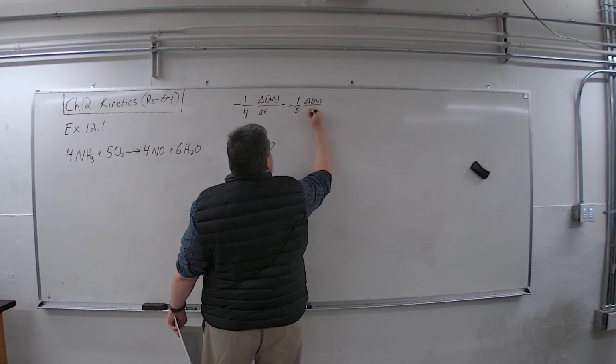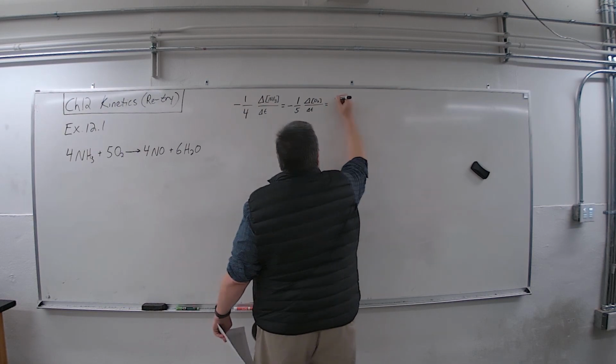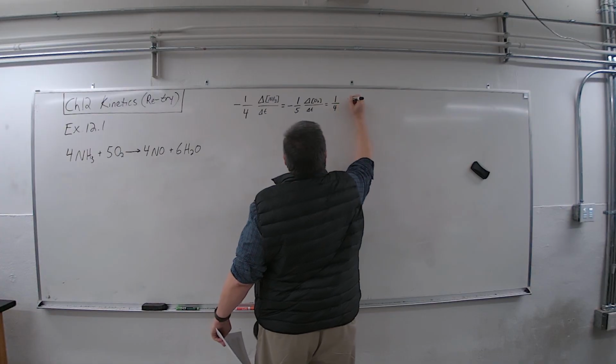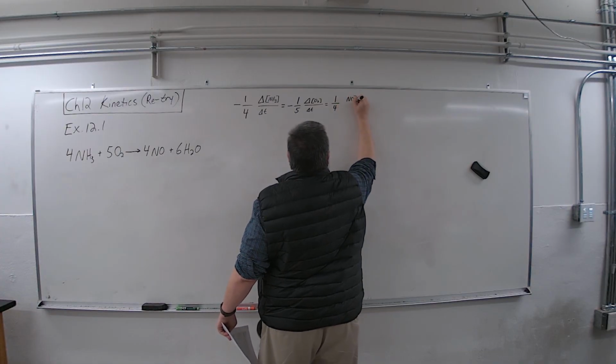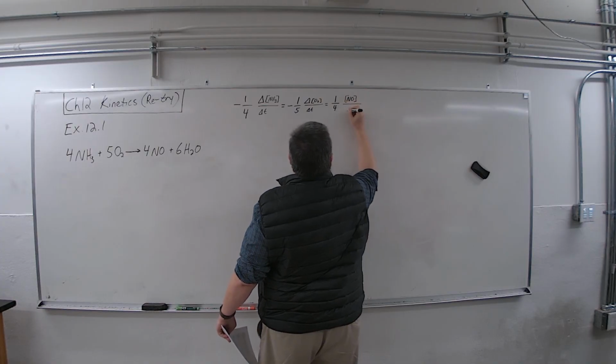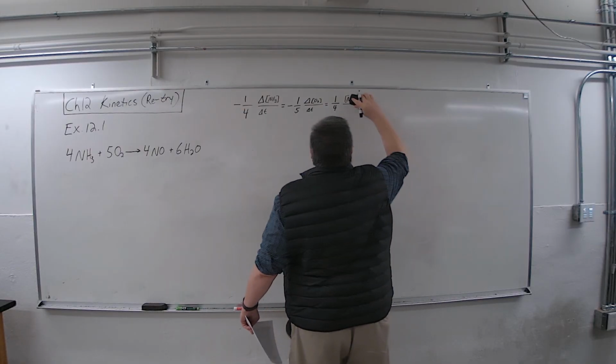O2 and delta t. And now without the negative sign, 1 over 4. Delta. I want to keep this neat.